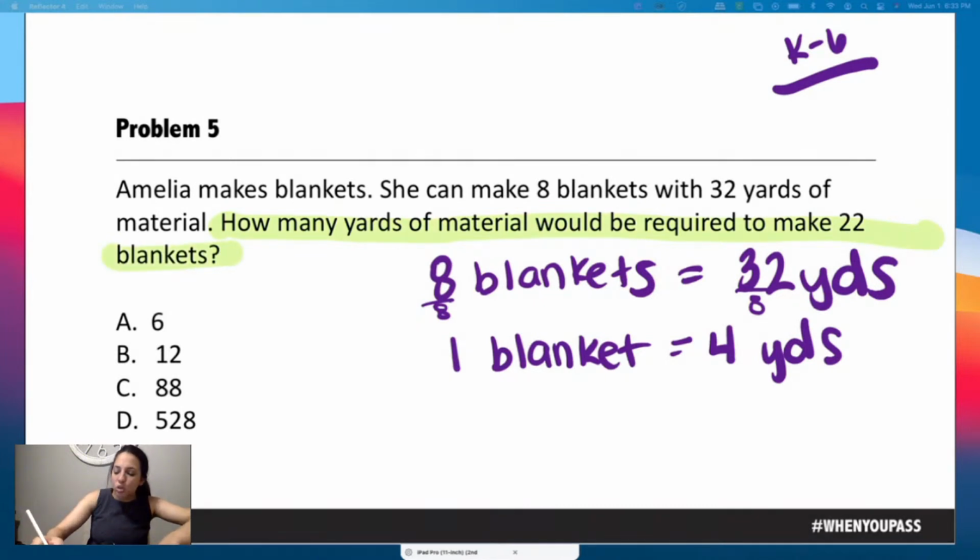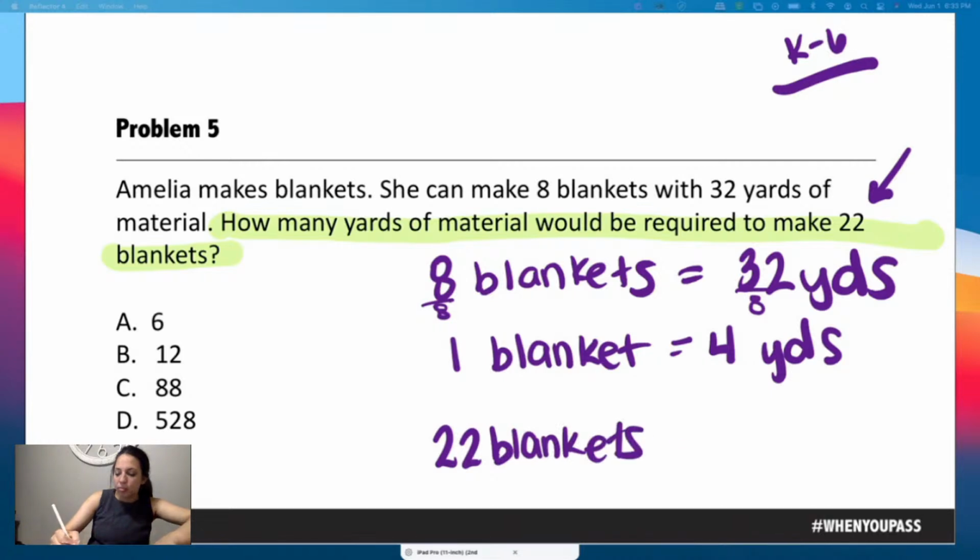So if I have 22 blankets, and I know it takes 4 yards for 1 blanket, I can multiply the 22 times 4, and I get 88 yards of material.